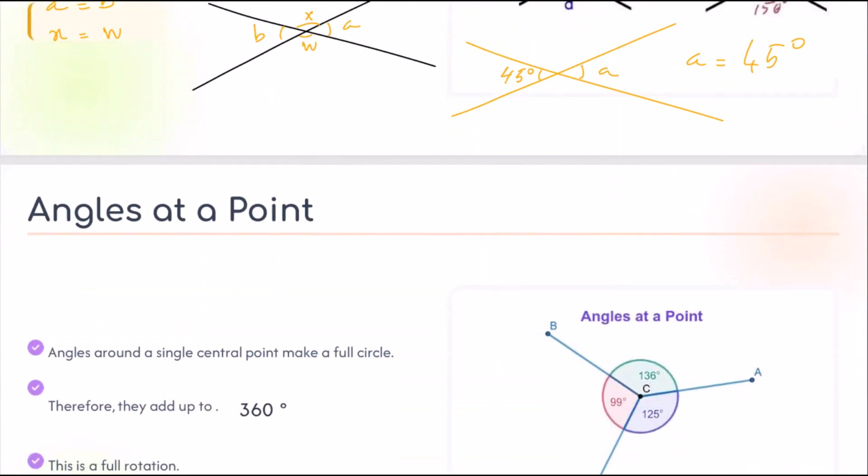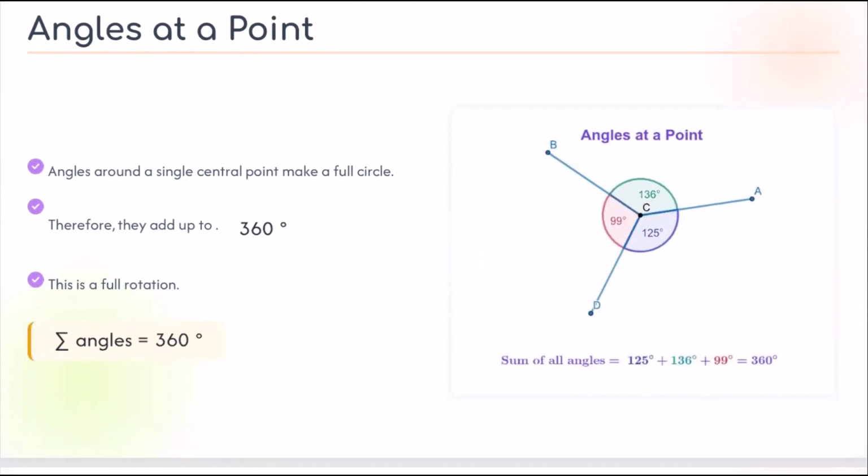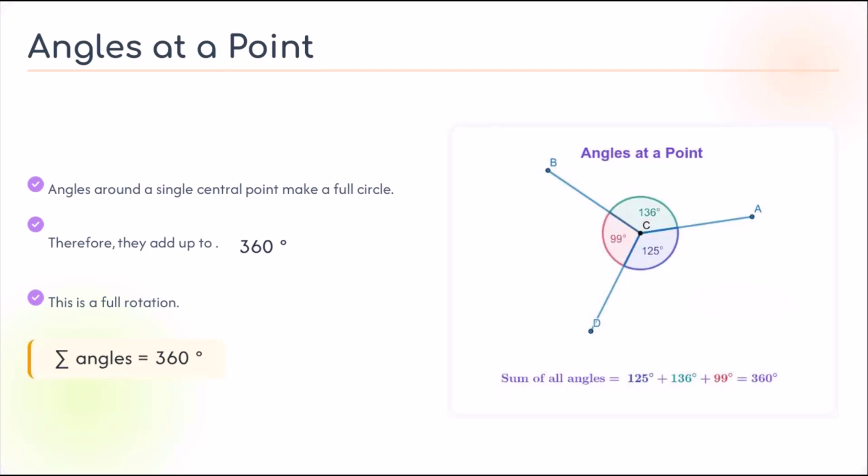And the last property is angles around a point. Angles around a point, which is called a central point, that make a full circle, add up to 360.